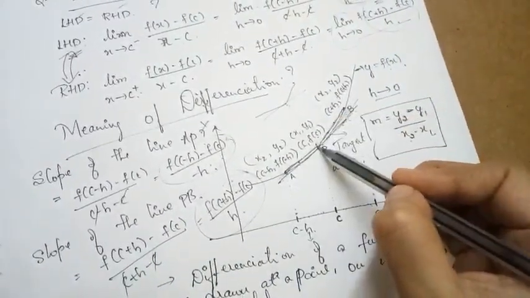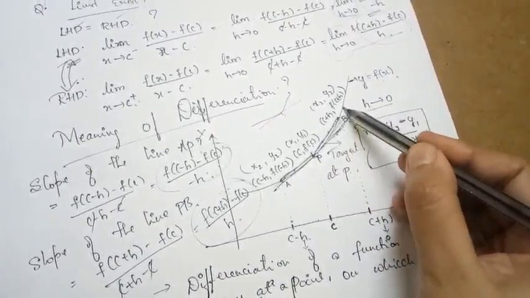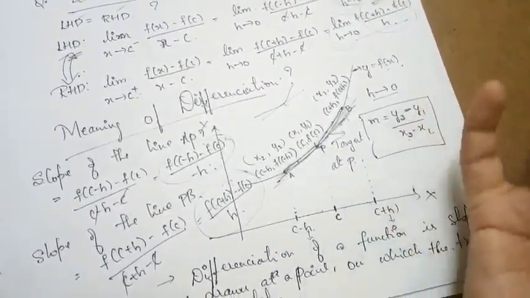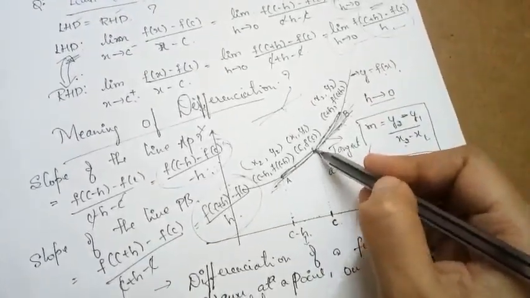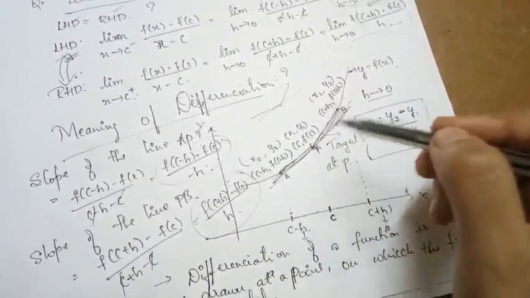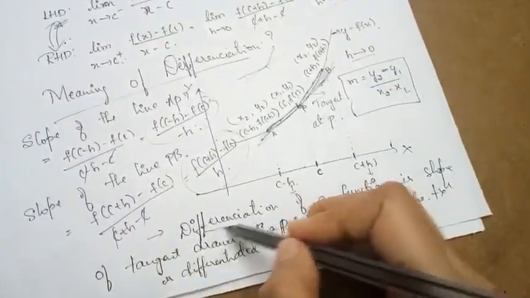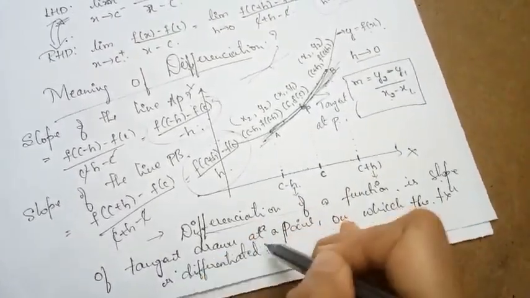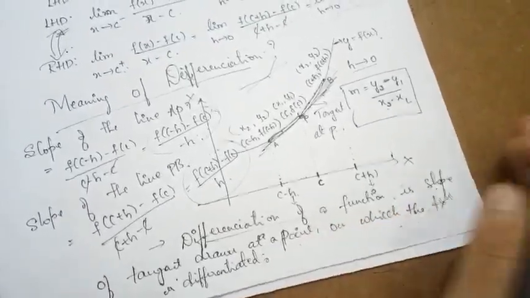The slope of that line is nothing but the differentiation of that curve at this point. That is why they say differentiation of a function is the slope of the tangent drawn at a point on which the function is differentiated.